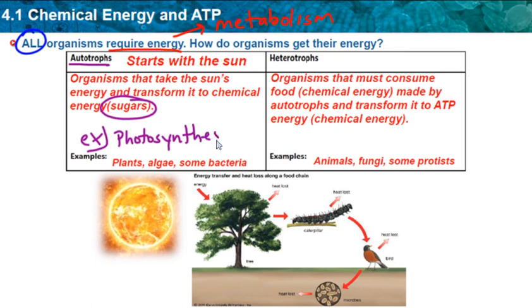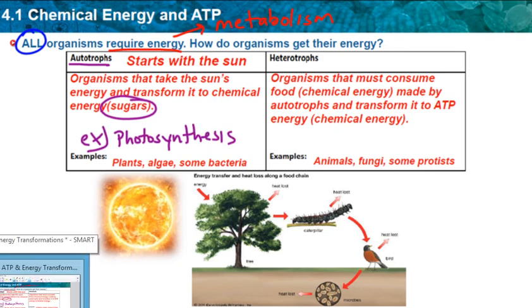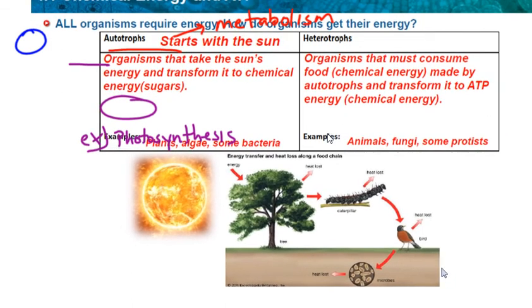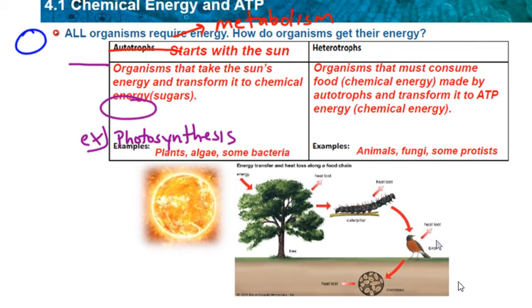This is not the only example that autotrophs use. You do have some organisms that live at the bottom of the ocean that use what's called chemosynthesis, using the chemicals from deep sea vents to do a similar process.